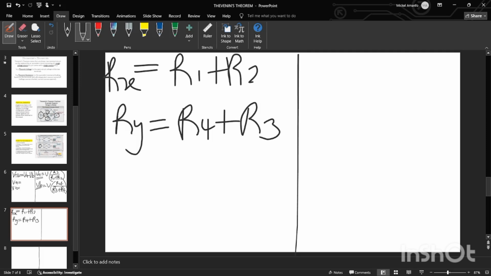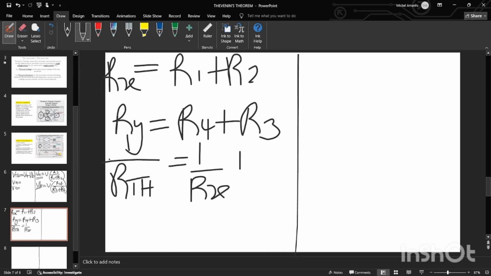Then my Thevenin resistance will have to be 1 over Rx plus 1 over Ry. This is because of the Wheatstone bridge.